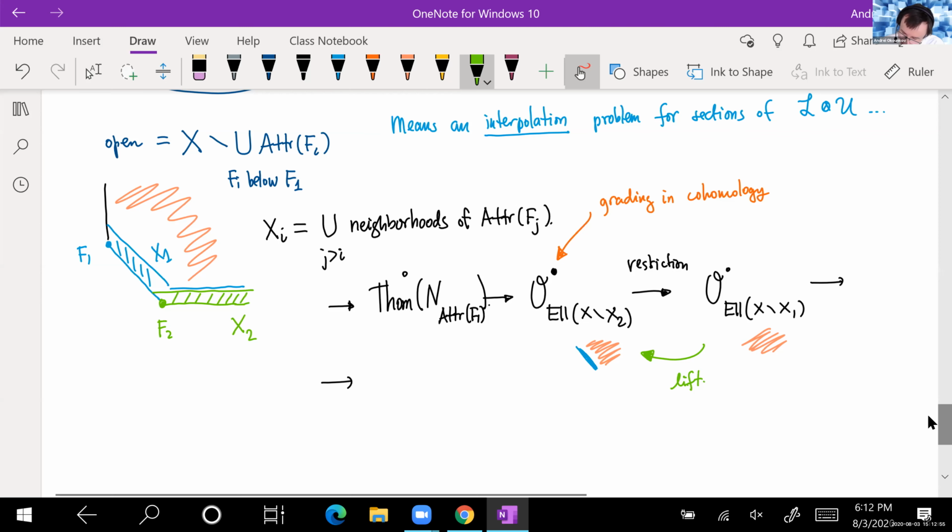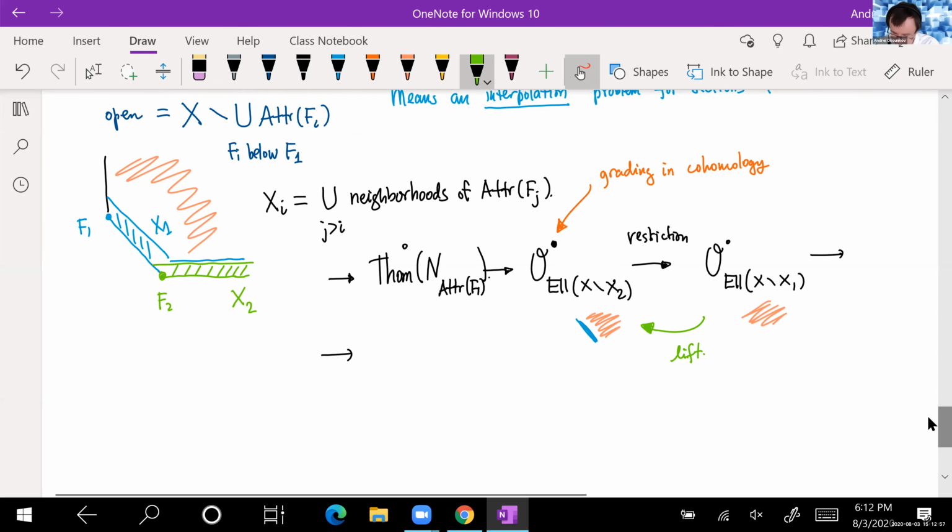Maybe it will help if we do an example. But before we do an example, I'll explain the general principle. Extending a cohomology class here is the same as inverting the restriction for sections of line bundles.